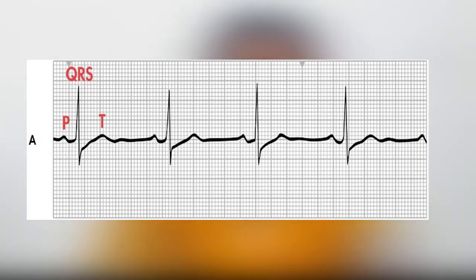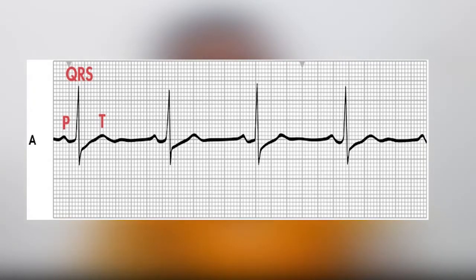Again, the ventricular as well as atrial rhythm is regular. The third point is the P wave. The P wave is normal, of consistent shape, and always in front of a QRS.